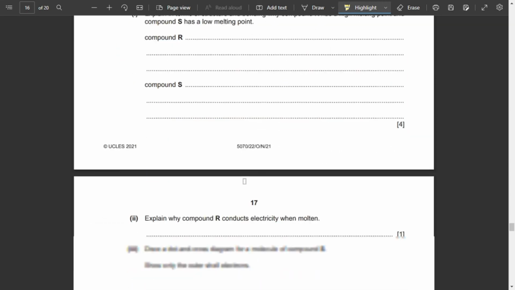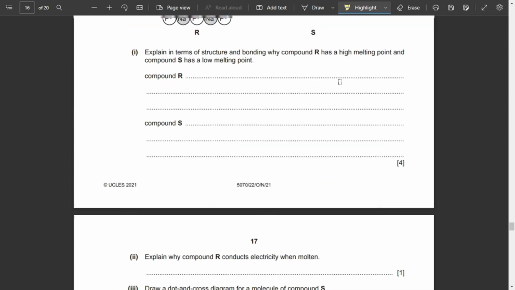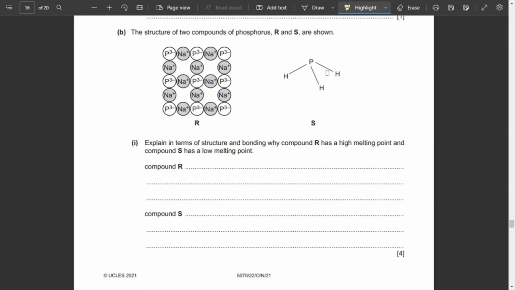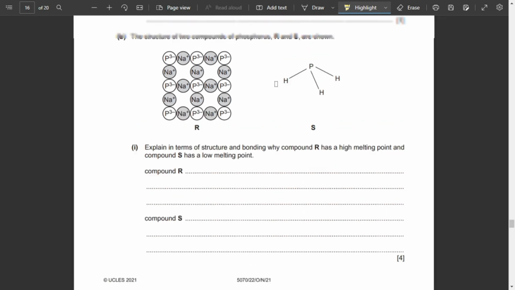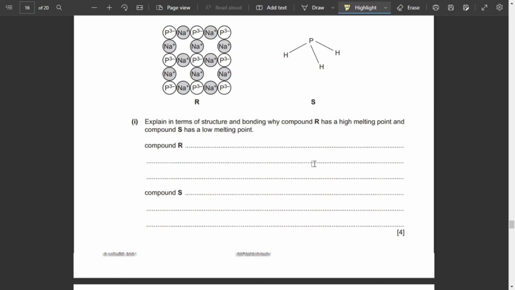Okay, let me brief it out to you. Phosphorus will have 5 outer shell electrons, and then 3 hydrogens will be sharing electrons with it. We are also supposed to show those two electrons which are not bonded, because 3 are being bonded. So okay, let's draw it.